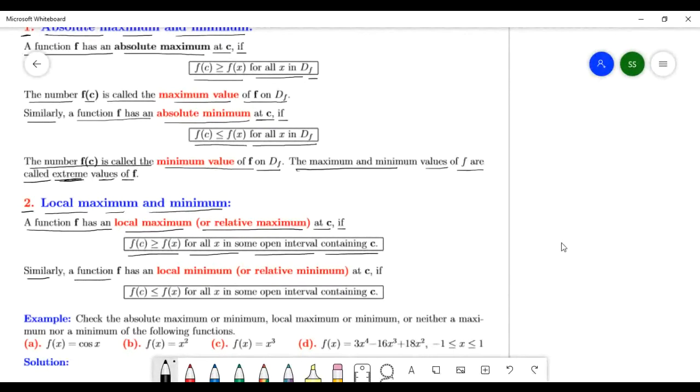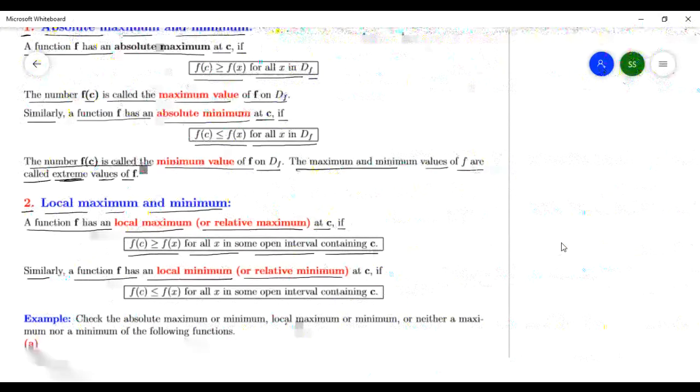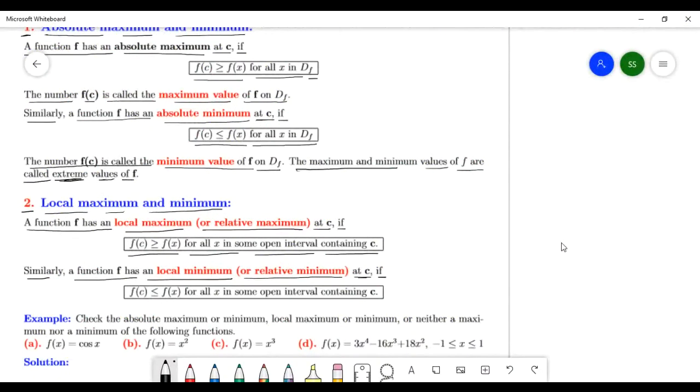Similarly, a function f has a local minimum or relative minimum at number c if f of c is less than or equal to f of x for all x in some open interval containing c, right? Okay, I will give you a revision, but not now.